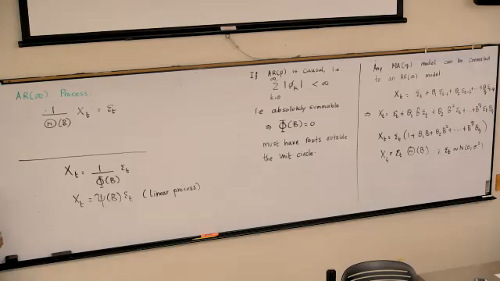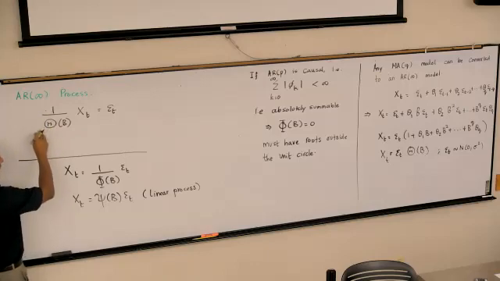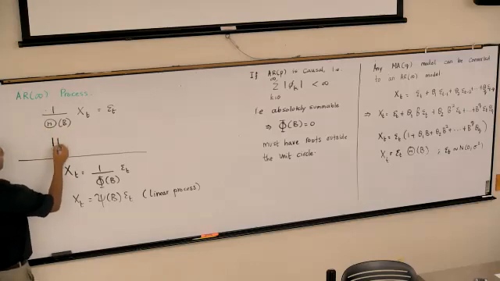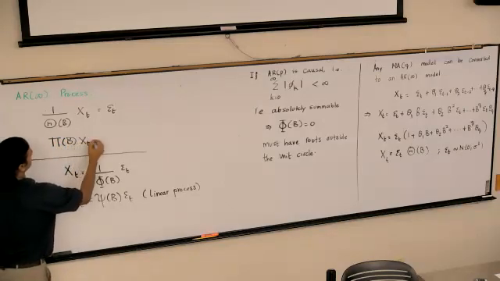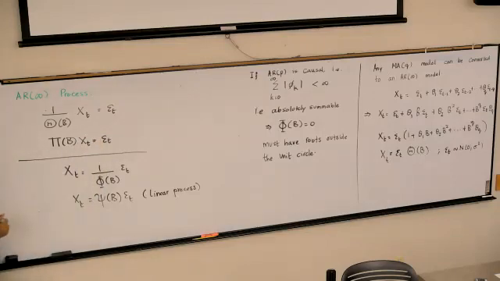This is what we call duality. One over theta of B, I can call it uppercase pi of B. So uppercase pi of B, X_t, is epsilon_t.